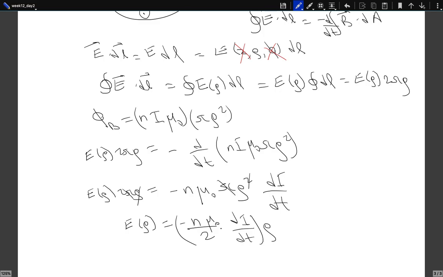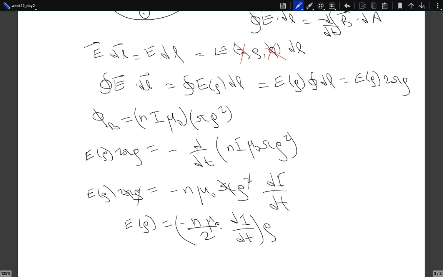The only thing we don't know is the sign of di by dt. If this is positive, due to this minus sign, E rho is negative, meaning that the electric field will be in the opposite sense, not in the counterclockwise sense, but in the clockwise sense. Again, it makes sense if you also use the Lenz rule, because the counterclockwise loop will resist the current, and hence it will try to prevent the increase in the current.